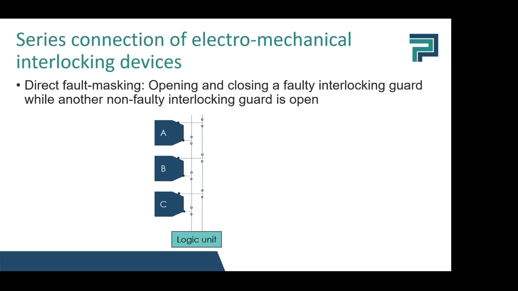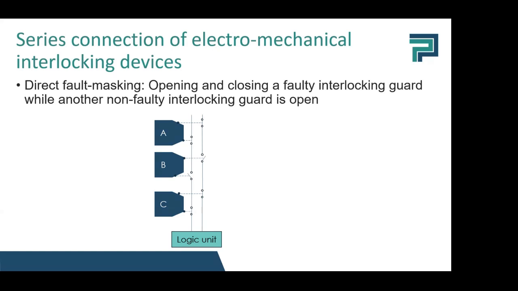First I will do the animation of direct fault masking. Here we open and close a faulty interlocking guard while another non-faulty interlocking guard is open. For example, I open interlocking guard B. Both contacts are opened and the logic unit sees that the guard is open.